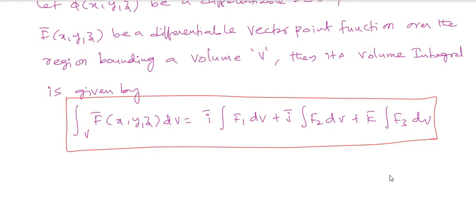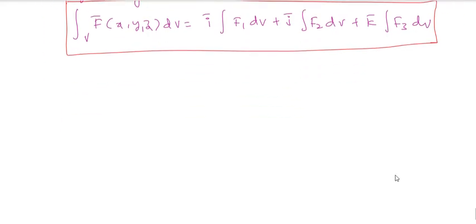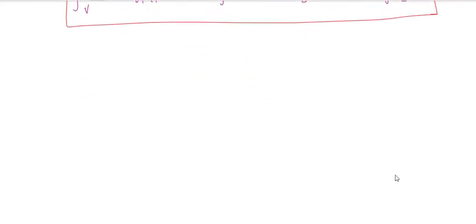Based upon that, you have different theorems: one is the Gauss divergence theorem, the other is Stokes theorem. So let me take the Gauss divergence theorem first.